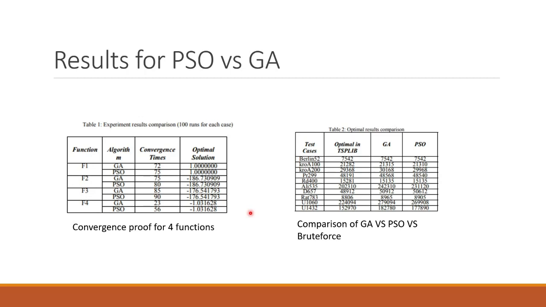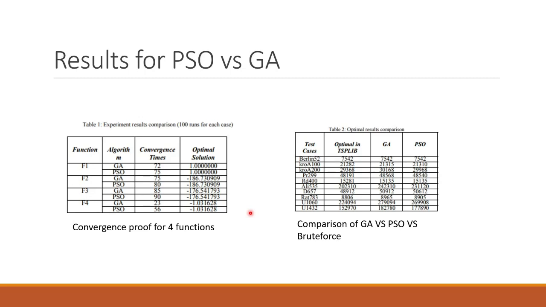The optimal solutions for these cases have already been found in the TSP library, and they compared the genetic algorithm and the PSO with the optimal solution found in the TSP library. We could see that up till 400 cities, GA and PSO found optimal solutions.